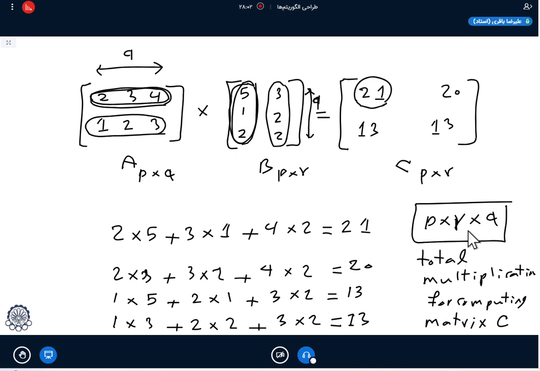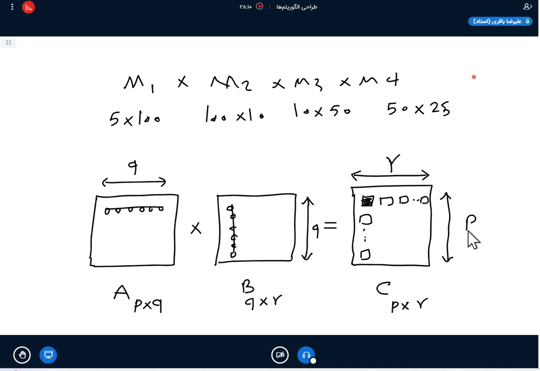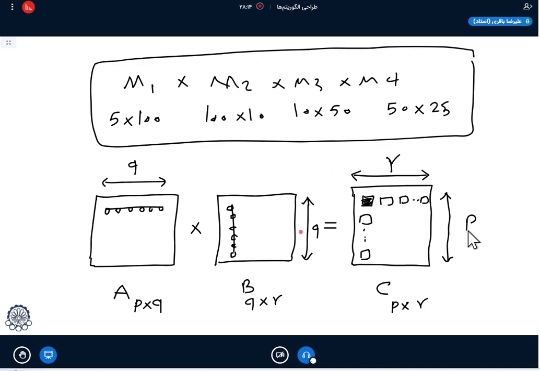Okay. Now let's consider the previous example. I mean these four matrices. We can do this multiplication by various parentheses.